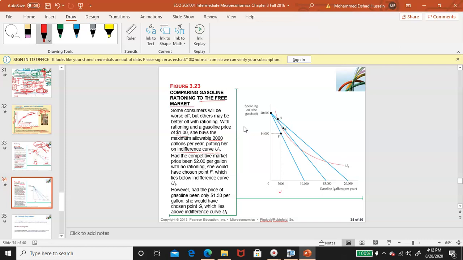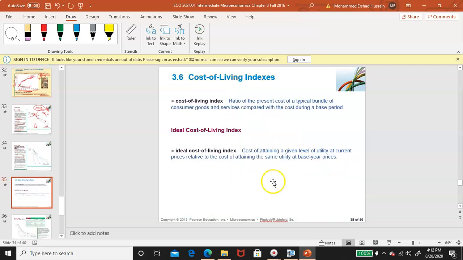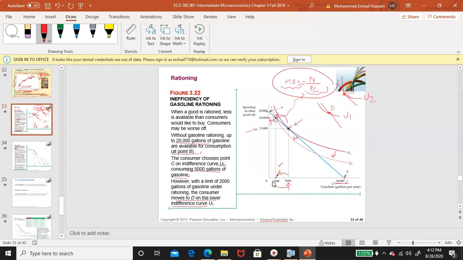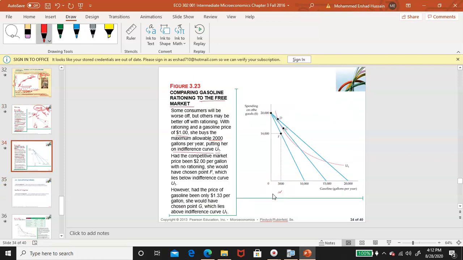She's buying $2,000. Okay, let us see. Had the competitive market price been $2 per gallon with no rationing, she would have chosen point F. So here, before, when we talked about B, what was the price of gasoline?